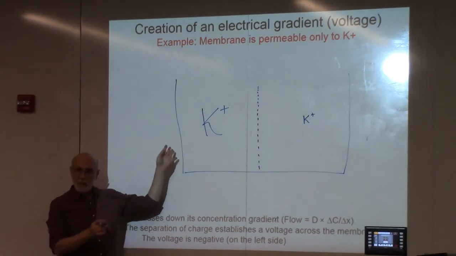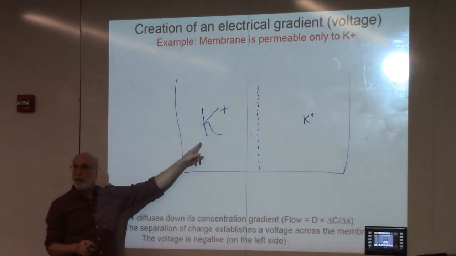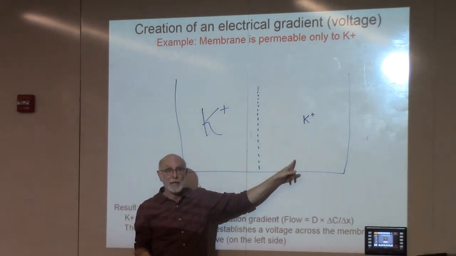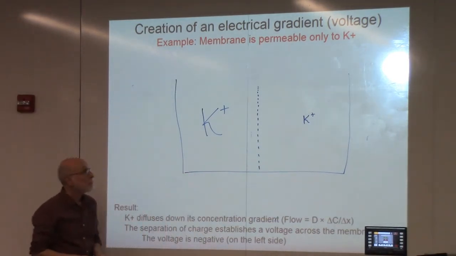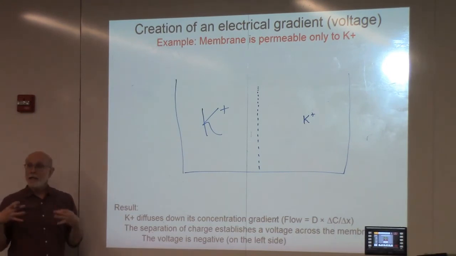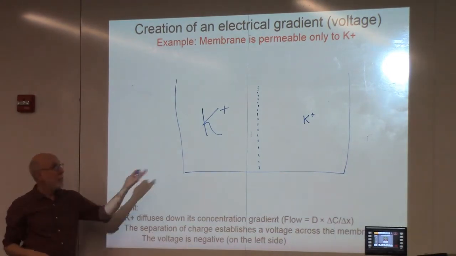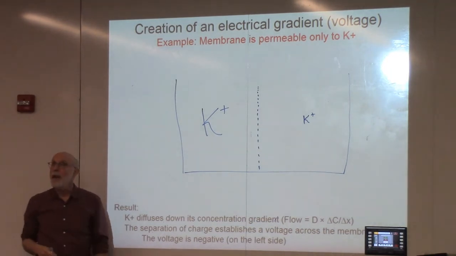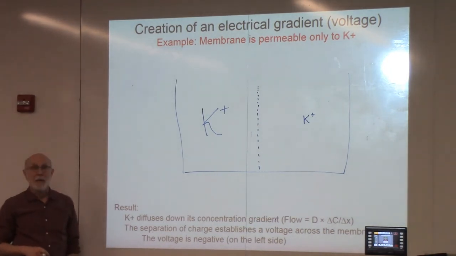Thinking cellularly, this would be inside the cell and this would be outside of the cell because of the sodium-potassium ATPase. Okay, diffusion happens because the membrane is permeable to potassium. That's what we did. We set this up as a membrane that was permeable to potassium.